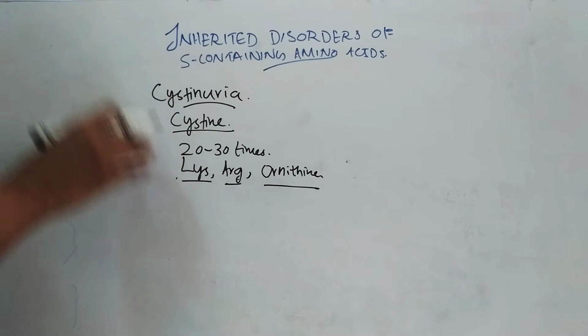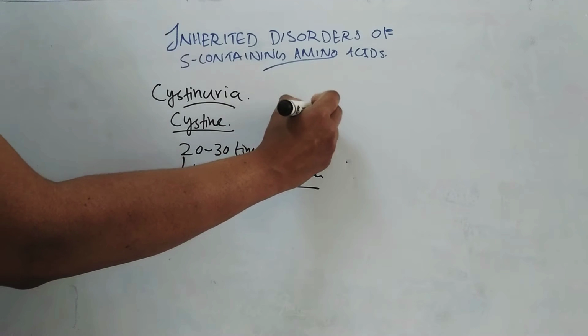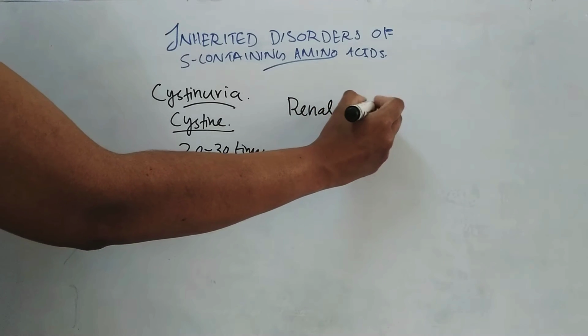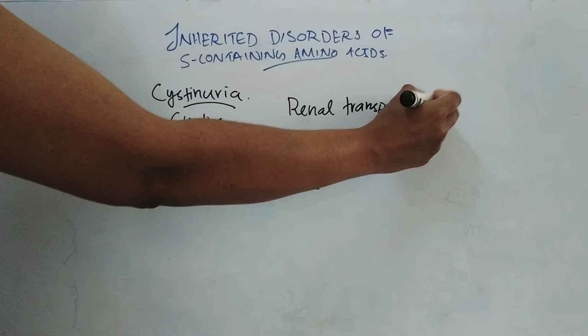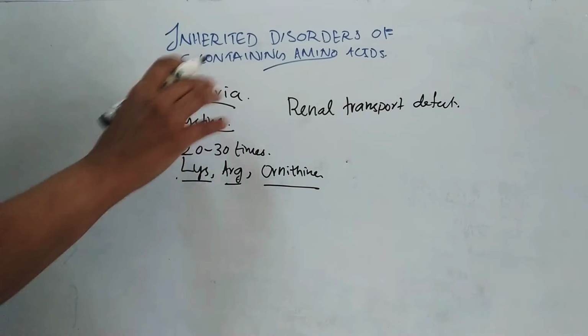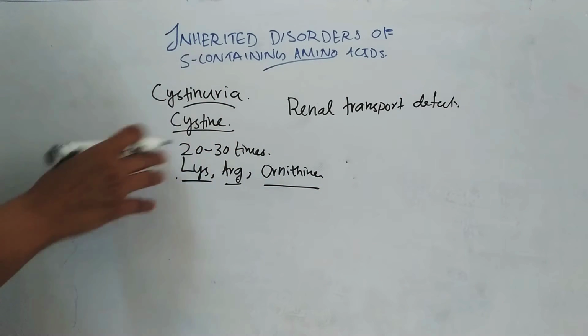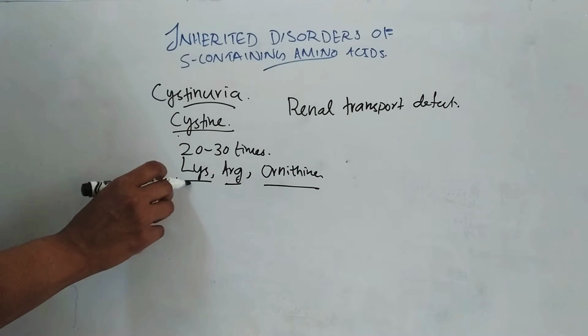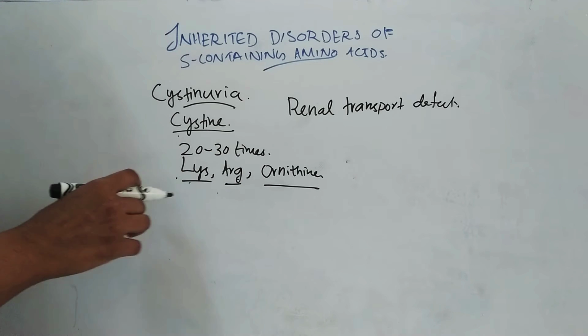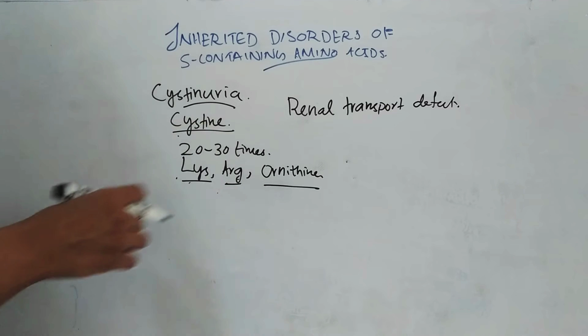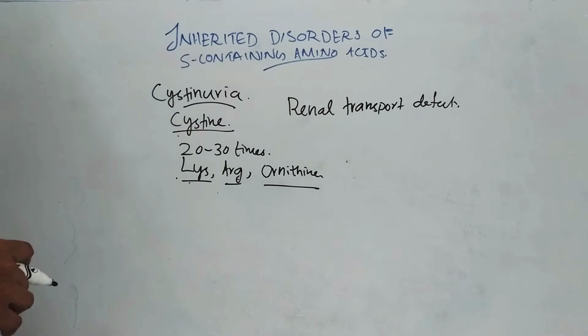Cystinuria is due to a renal transport defect. Here, reabsorption of these amino acids like cystine, lysine, arginine and ornithine does not occur, and a single reabsorptive site is involved.